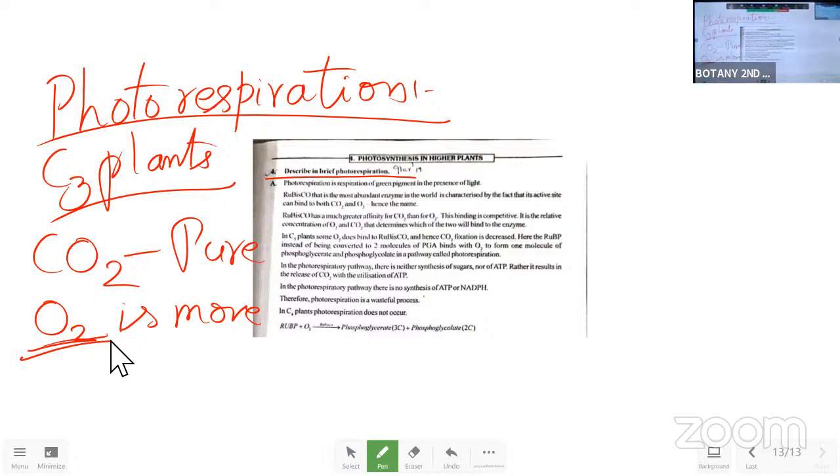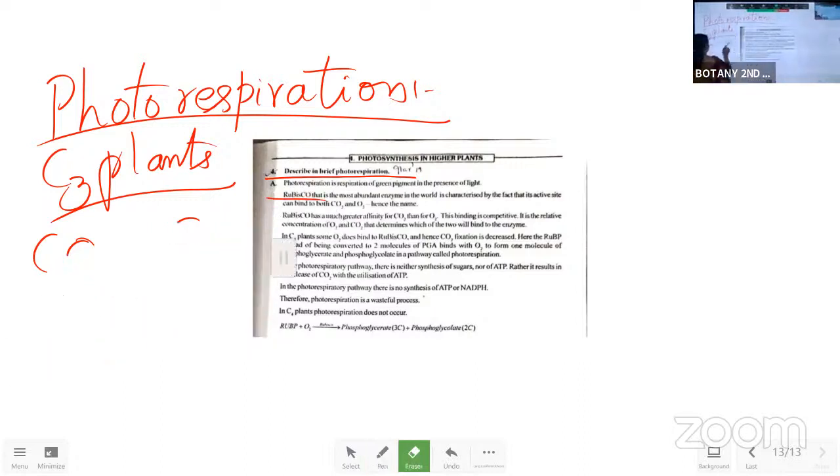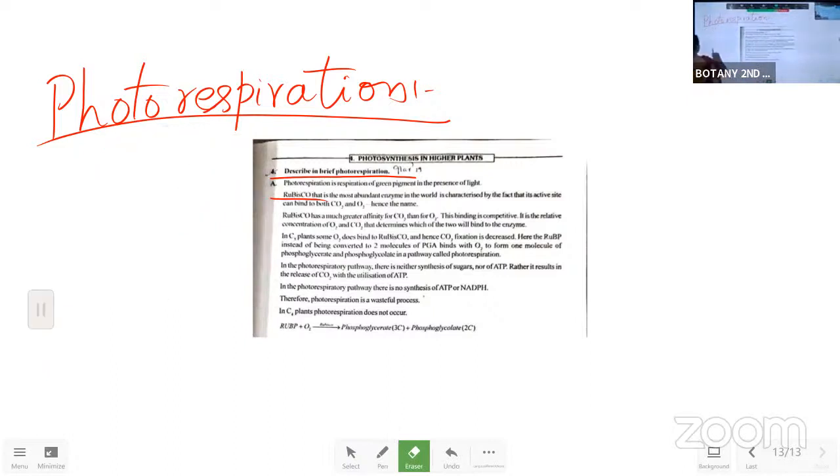In this, the same enzyme is utilized for photorespiration. This photorespiration is also called the C2 cycle, because the first stable compound is a 2-carbon compound. So we call this photorespiration the C2 cycle. It occurs with the same enzyme, the Rubisco enzyme. So what happens in this?